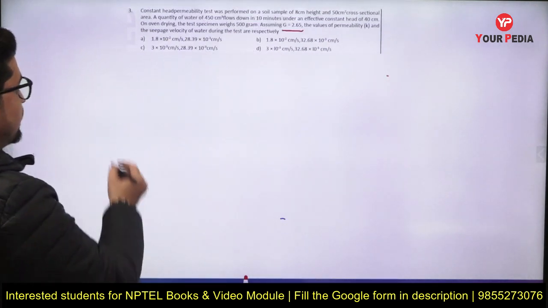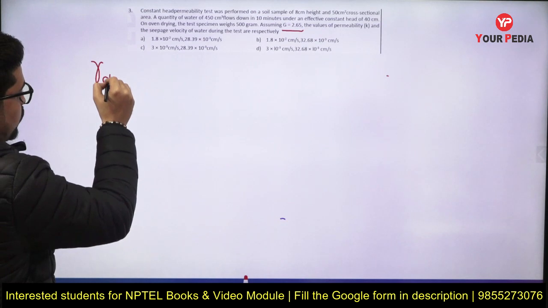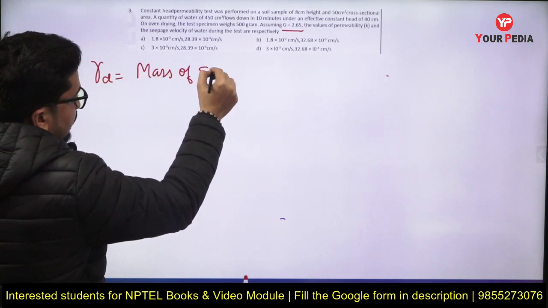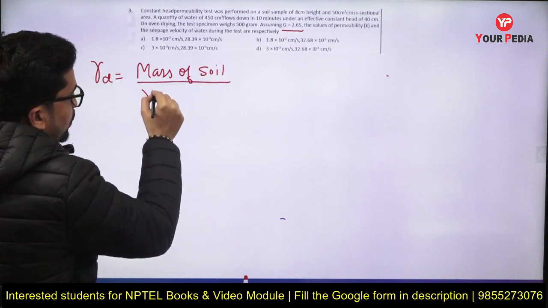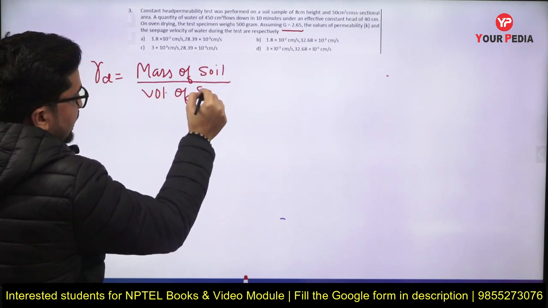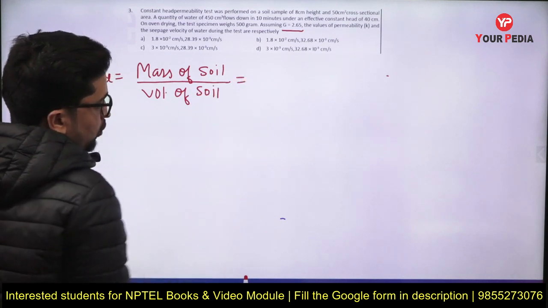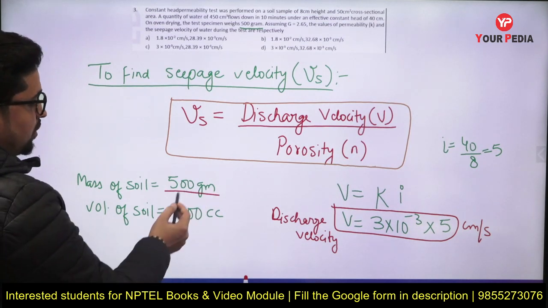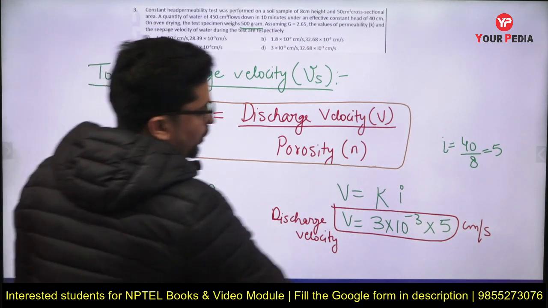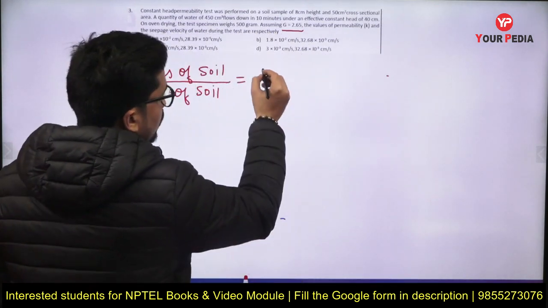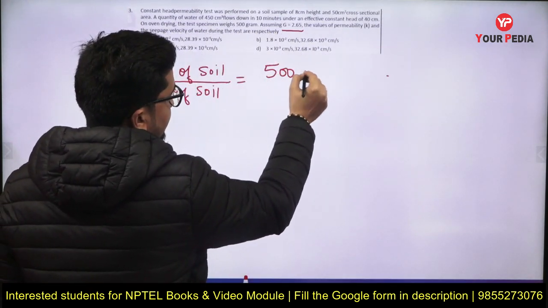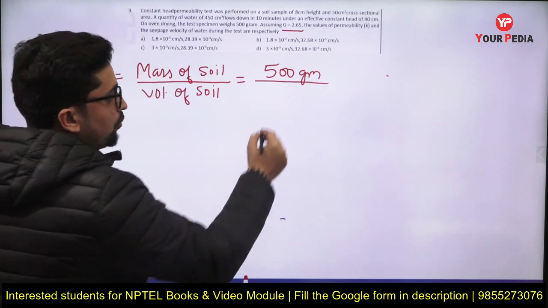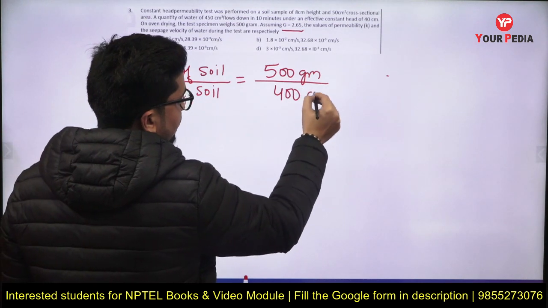We know that gamma d is equal to the mass of the dry soil sample divided by the volume of the soil sample. The mass was given in the question as 500 grams, and the volume of the soil sample we have just calculated as 400 cc, centimeter cube.